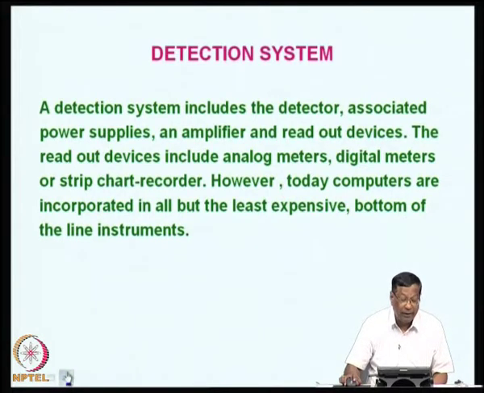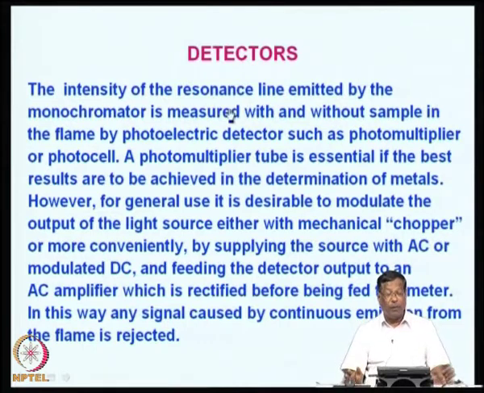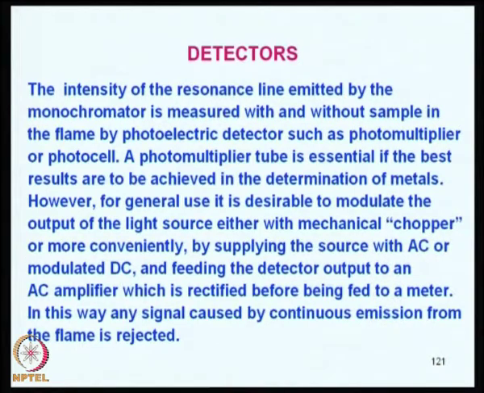The job of the detector, that is the PMT, photomultiplier tube, is to measure the intensity of the resonance line emitted by the monochromator, without the sample in the flame, by the photoelectric detector.